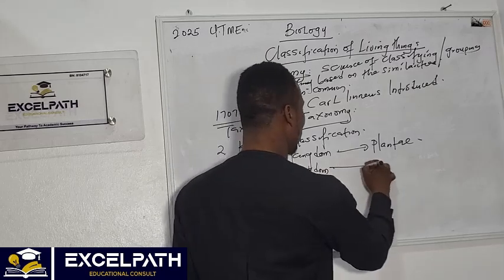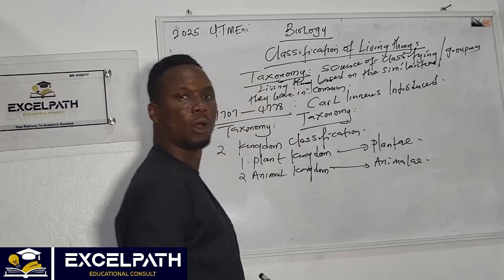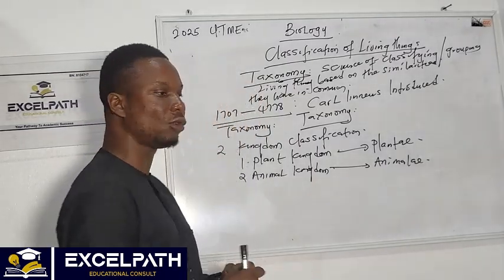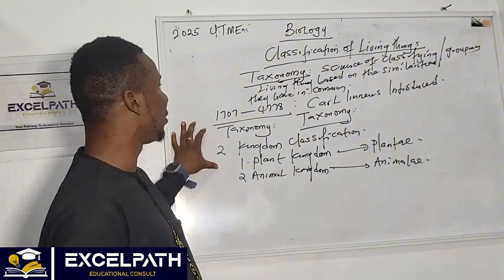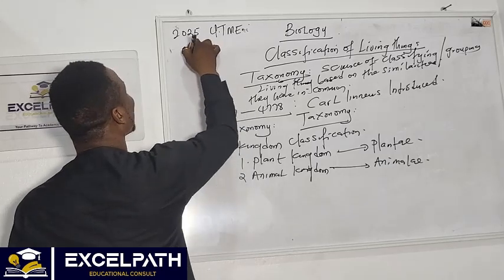And two, he introduced the animal kingdom, Animalia. So although there are 5 types of kingdoms, who introduced the two kingdom classification? Carolus Linnaeus.